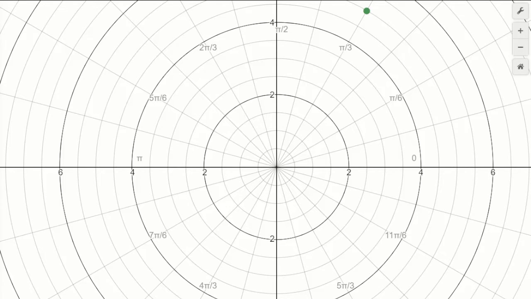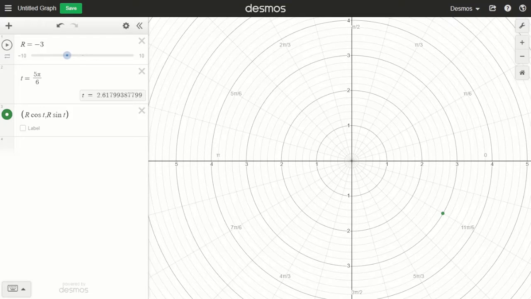All right, now let's switch to the actual version of decimals so that we can see how to construct it ourselves. Negative 5 is the radius, and I'm going to change this to the angle 4 pi over 3.